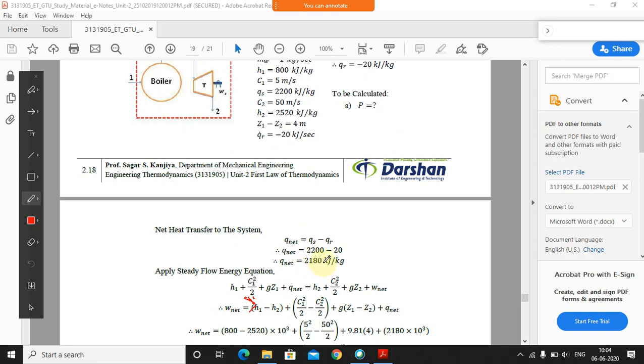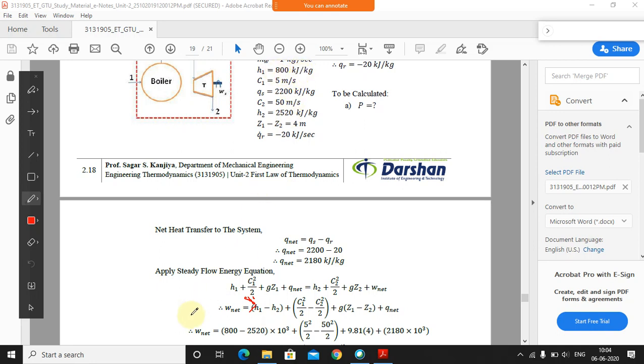2180 kilojoule per kg. So we'll convert it into joule per kg, because all the rest of the values are kilojoule per kg. Here in this case again it will be 10 raised to 3.